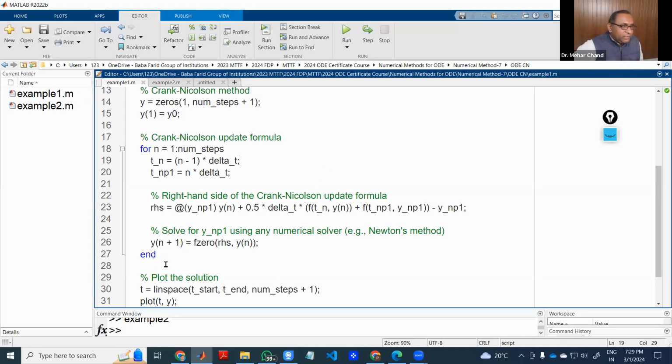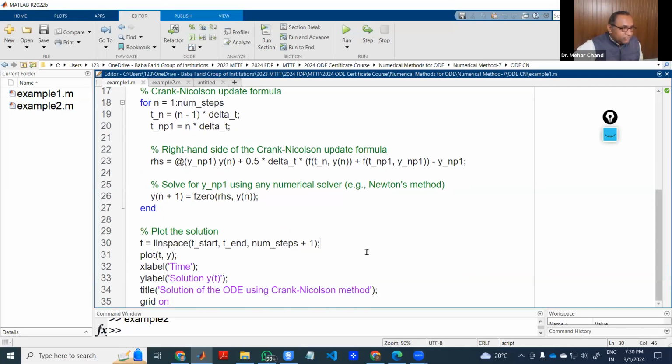Then, when the values of y corresponding to the t vector have been computed, we can go on to plot the function. For this we need t, which is the linspace. As you know, the vectors t and y must have equal length. So here we take linspace for t from t start to t end, the initial and last points, with the number of points being number of steps plus 1.